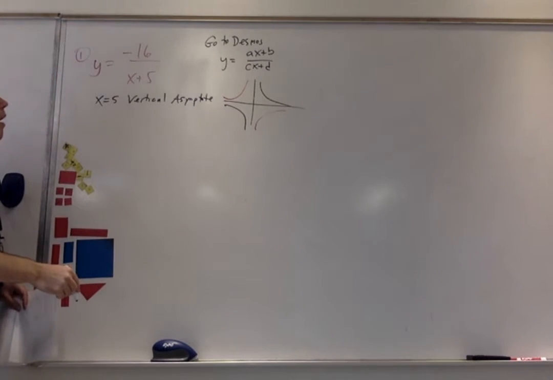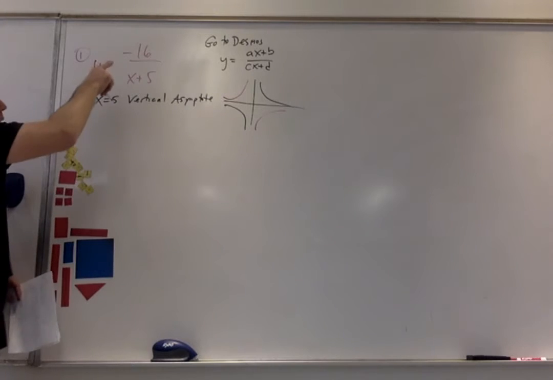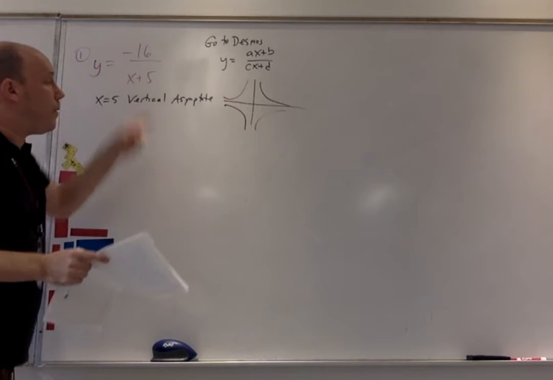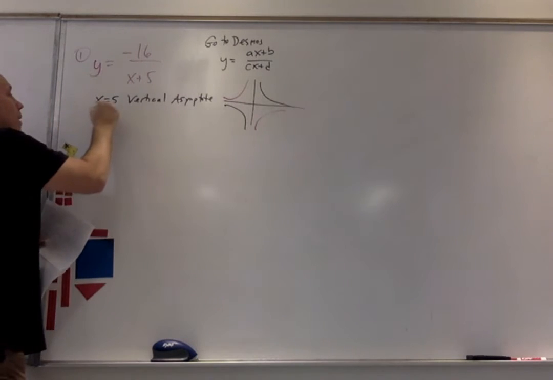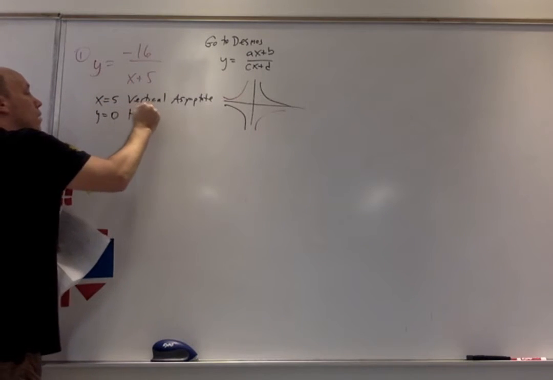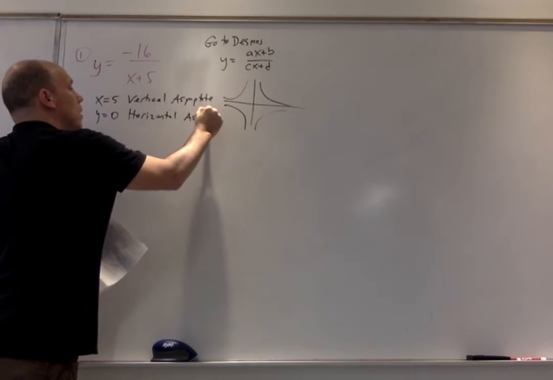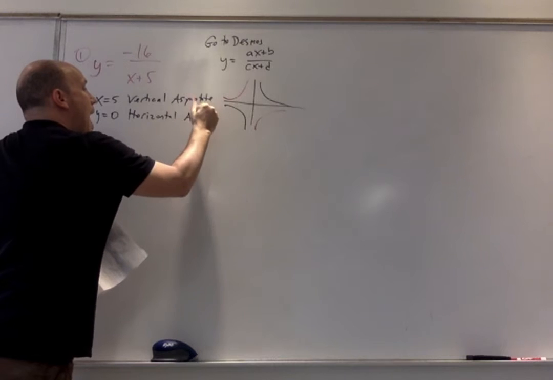What else do we know? This is a very basic one. I know that this fraction can never be 0, so y equals 0 is a horizontal asymptote.